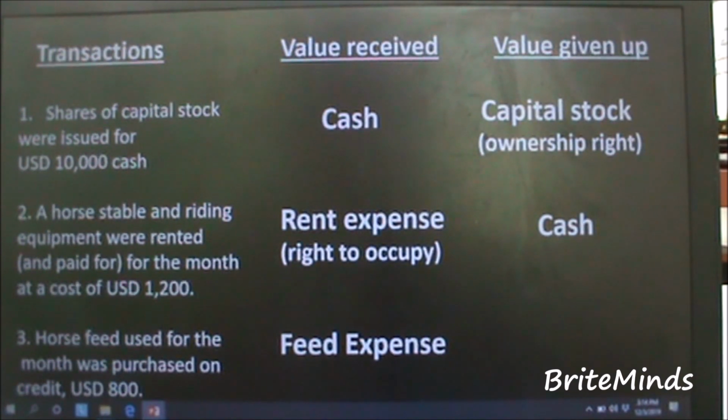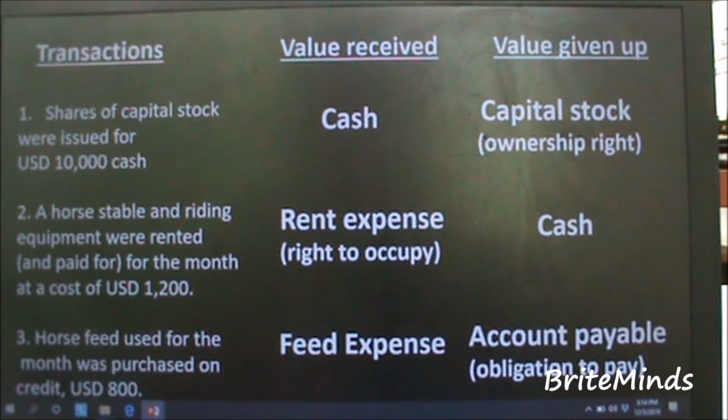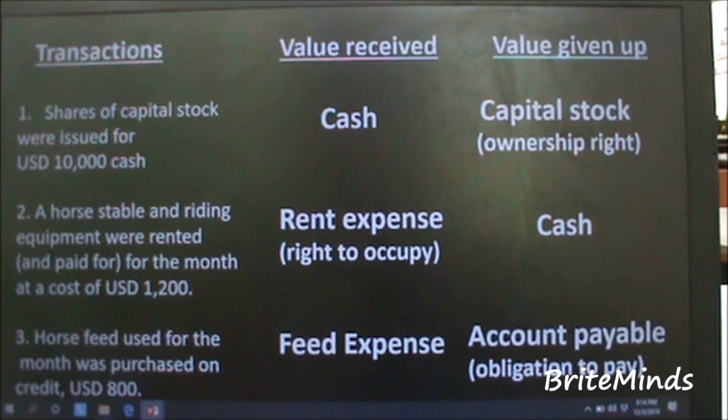The horse feed was used and then it was purchased on credit. So what will be the value given up? The value given up will be accounts payable. It was purchased on credit by the business entity, so it means the business entity has an obligation to pay the creditor.